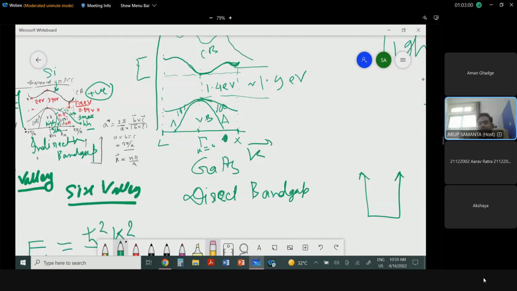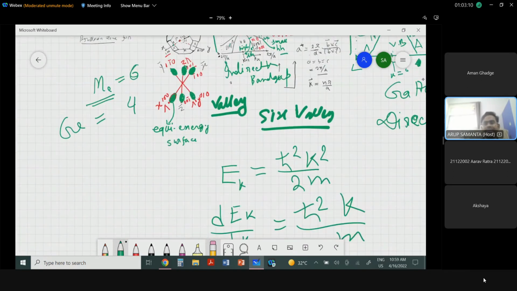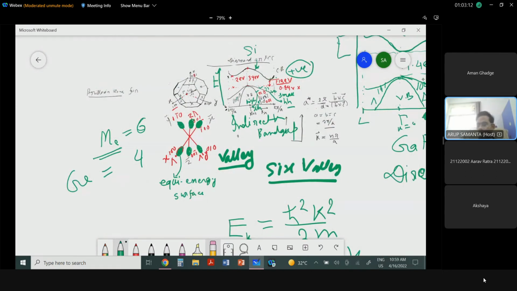For silicon, you have 6 valleys. For germanium, you have 4 valleys, and that means if you want to move along the x direction, y direction, any direction, you can reach this minima. In bulk crystals, all have the same energy, but if you have a problem along one of the axes in your 3D material, if you have some strain or stress, then this value, 1.12 eV on the conduction band, may change.